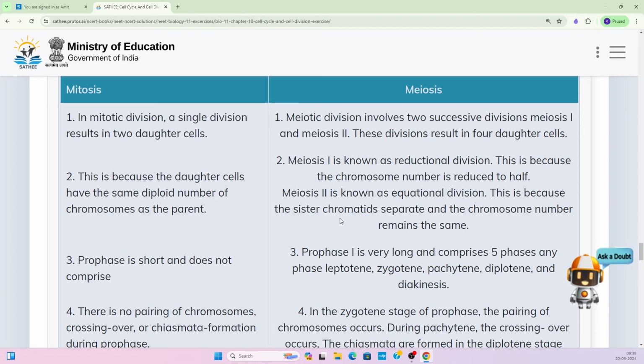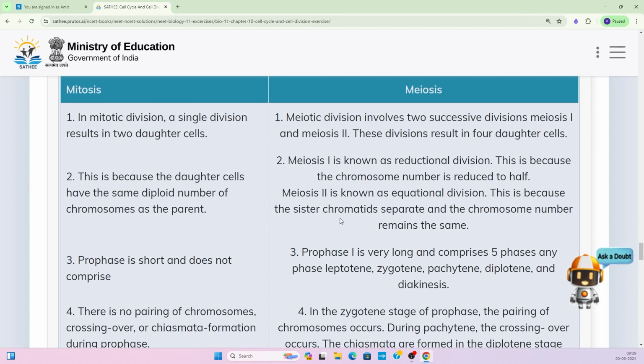Now, meiotic division involves two successive divisions, meiosis 1 and meiosis 2. These divisions result in four daughter cells. So this is the major difference. Mitosis gives rise to two daughter cells, whereas meiosis gives rise to four daughter cells. Four daughter cells are formed at the end of meiosis.